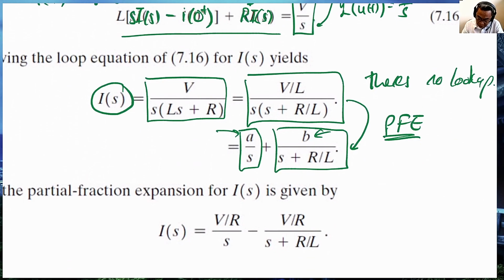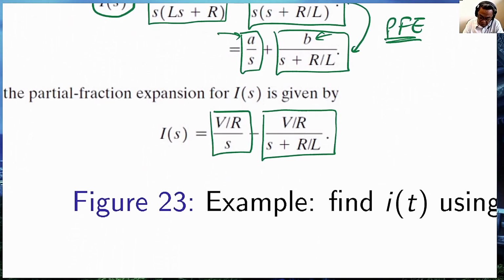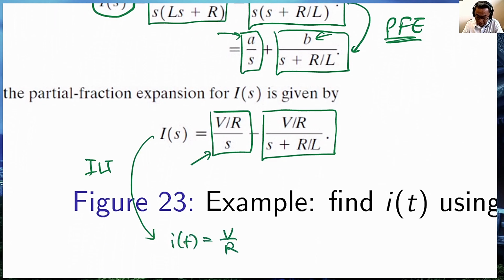In this particular example, they solve for you: small a is equal to V over R, small b is equal to V over R, and things like that. Once we have this, then it's very easy to perform the inverse Laplace transform because there's a table for this. So i(t) is equal to V over R, and 1 over s becomes u(t).